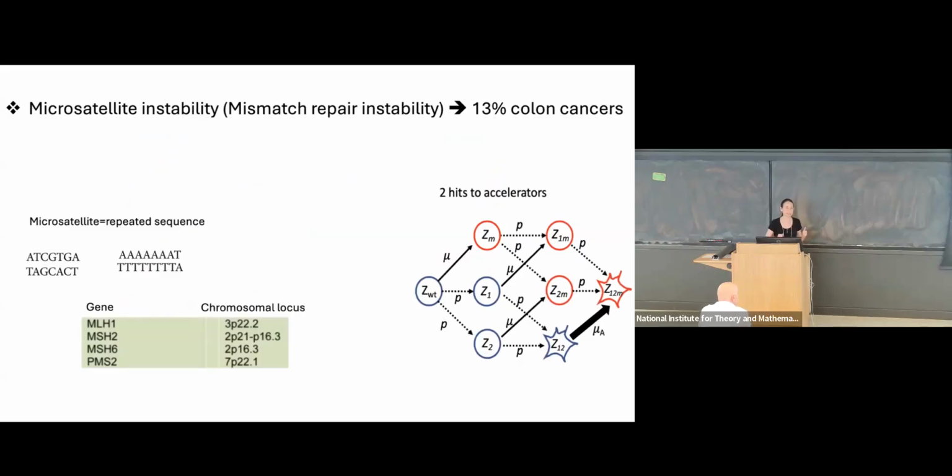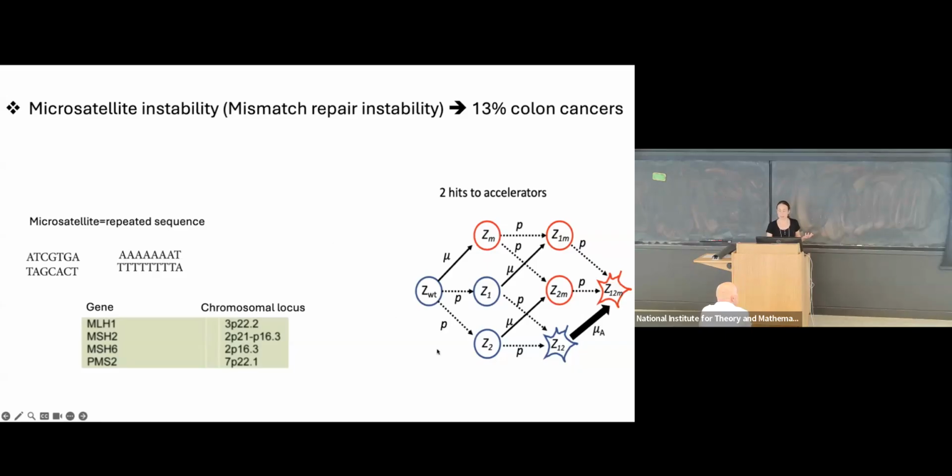When I told you about mutators, if you actually look at real mutators that happen, say, in colon cancer, it doesn't work like this. So 13% of colon cancers are characterized by what they call microsatellite instability. Microsatellites are repeated sequences like this. It's easy to make a mistake when you copy that. So a mistake associated with that is not corrected in cells that are characterized by this microsatellite instability.